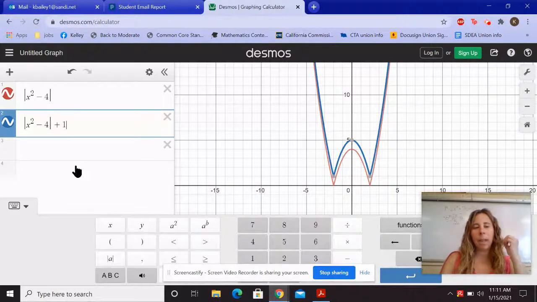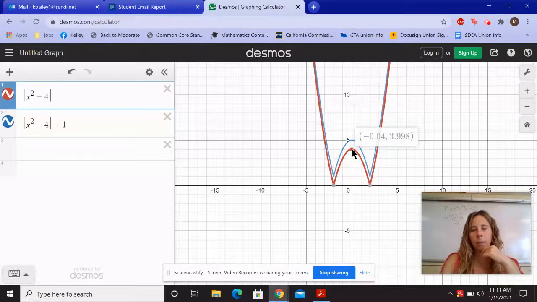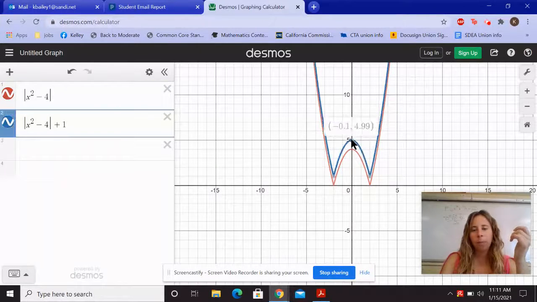It bumps everything up 1. So all your x values stay the same. It bumps all of your y values up 1. So the vertex was here, 0, 4. It gets bumped up to 0, 5.